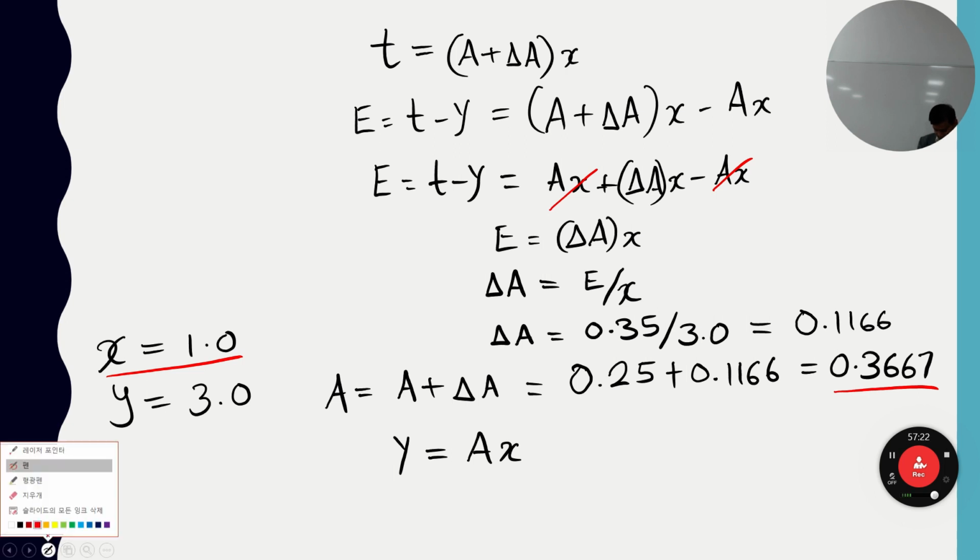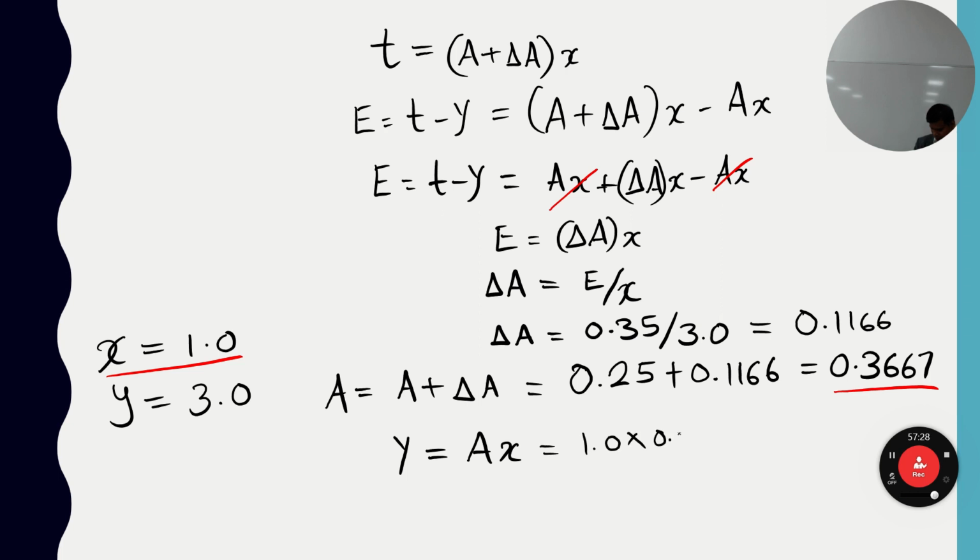So this actually gives the same value, right? When you do 1.0 times 0.3667, that is 0.3667. Same thing, that's it.